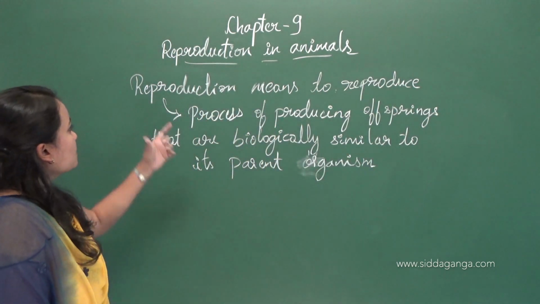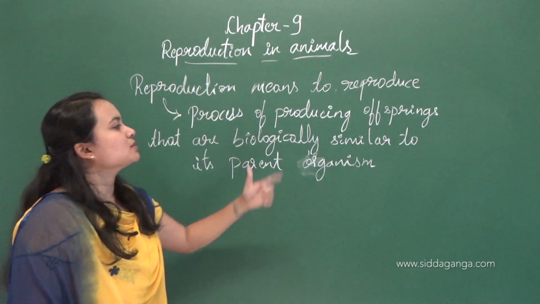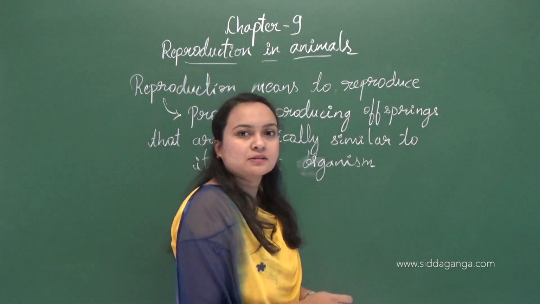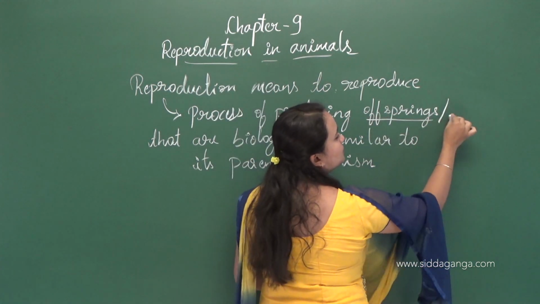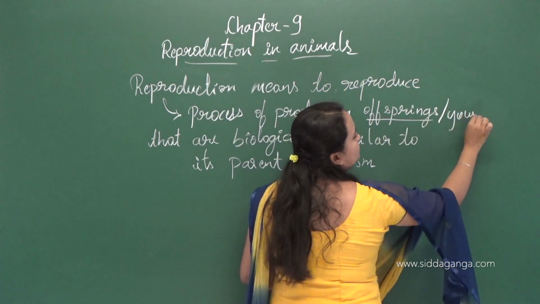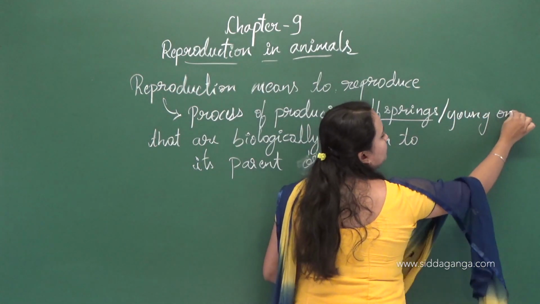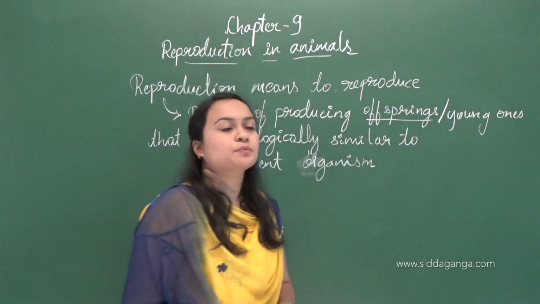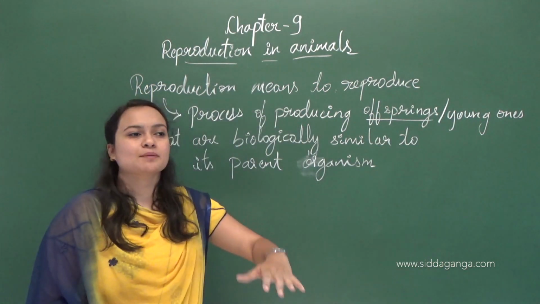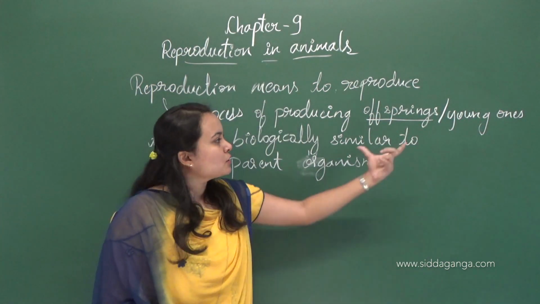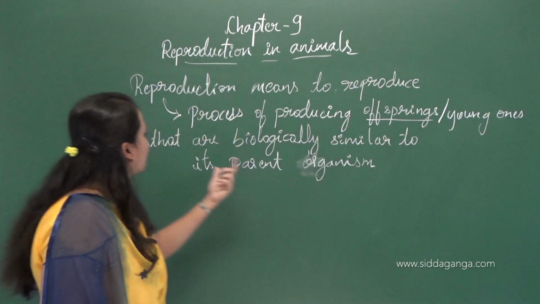Okay, so reproduction is a process of producing offsprings. So what is the meaning of offsprings? Offsprings means the young ones. For example, in human beings, a child is the young one.